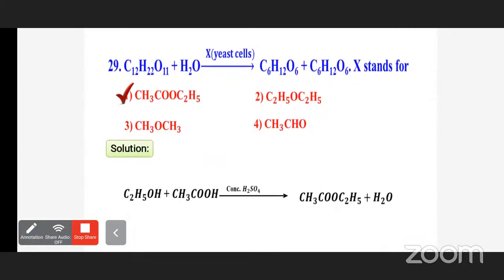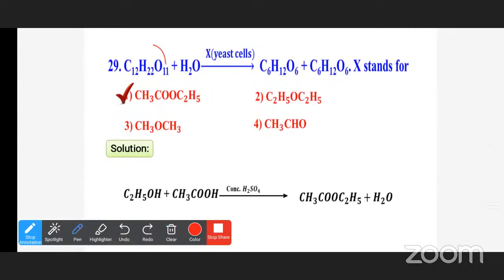Here, sucrose, C12H22O11, undergoes hydrolysis to give glucose and fructose. This reaction is also known as a pseudo first order reaction. X stands for the presence of acids, and acid means H2SO4, concentrated H2SO4.